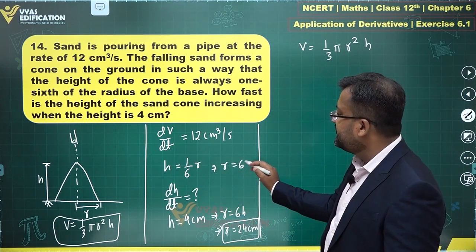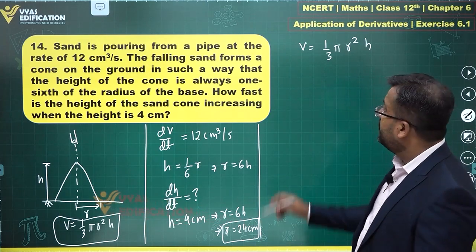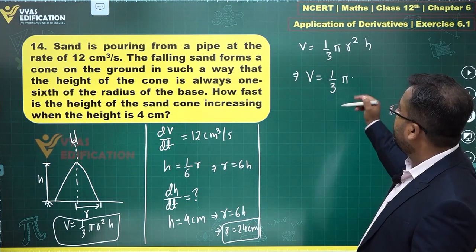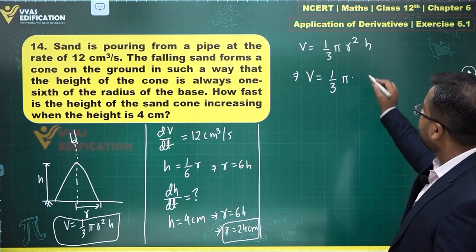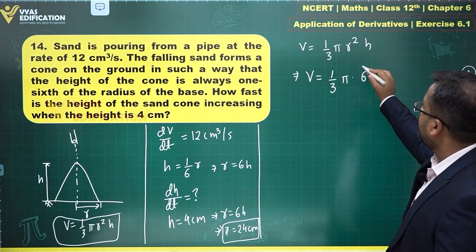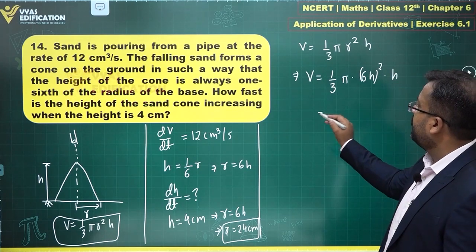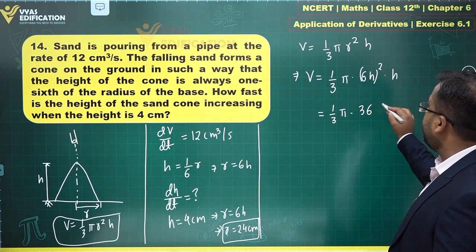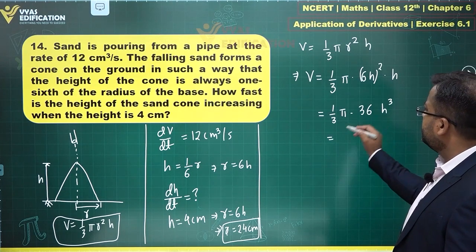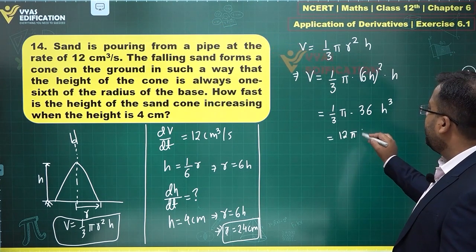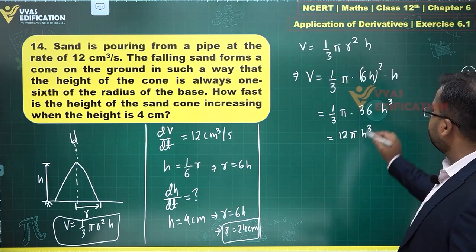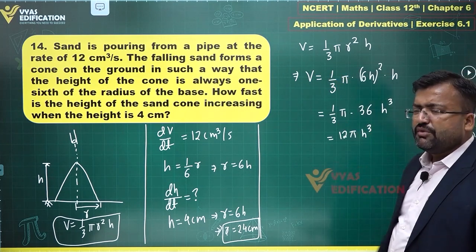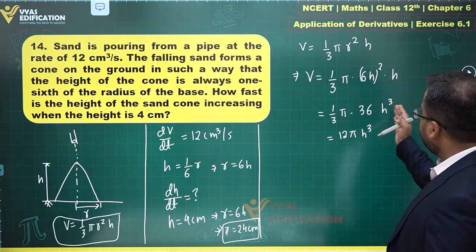R equals 6h, right? So this gives me V equals 1/3 pi times 6h square times h. 1/3 pi is okay. This is 36. H square times h is h power 3. This becomes 12 pi h power 3. 36 upon 3 is 12.